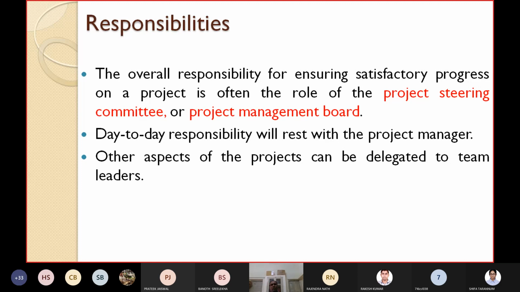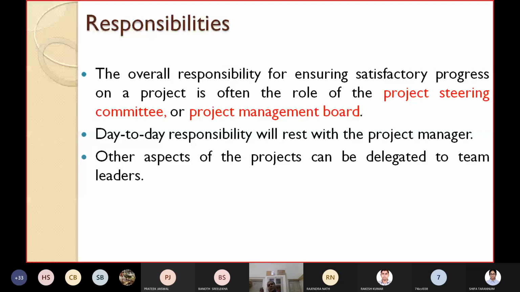That committee or board is responsible for ensuring satisfactory progress on a project. Then the day-to-day responsibility rests with the project manager, and all other aspects of the project can be delegated to the different team leaders.